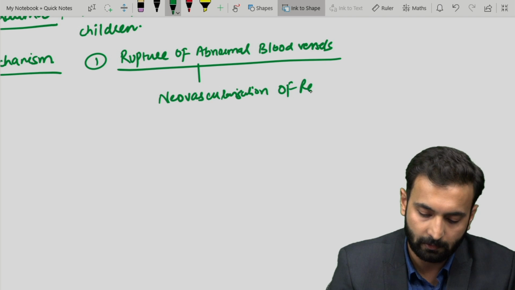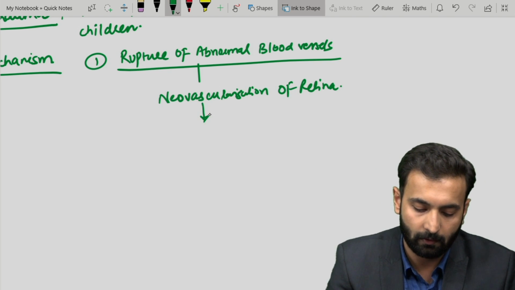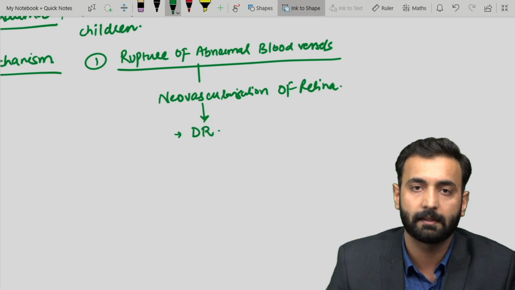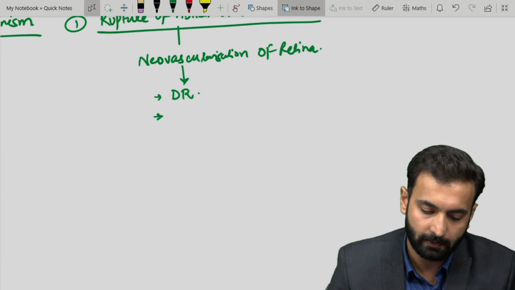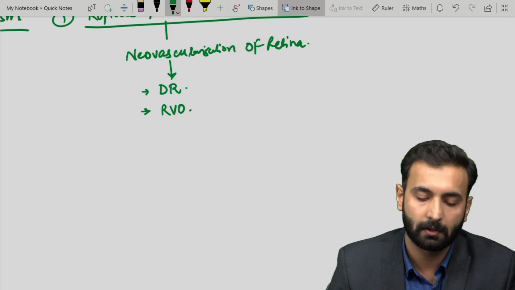Neovascularization of retina, as you all know, is seen in which conditions? First one is diabetic retinopathy. Second, it is also seen in retinal vein occlusions, right.